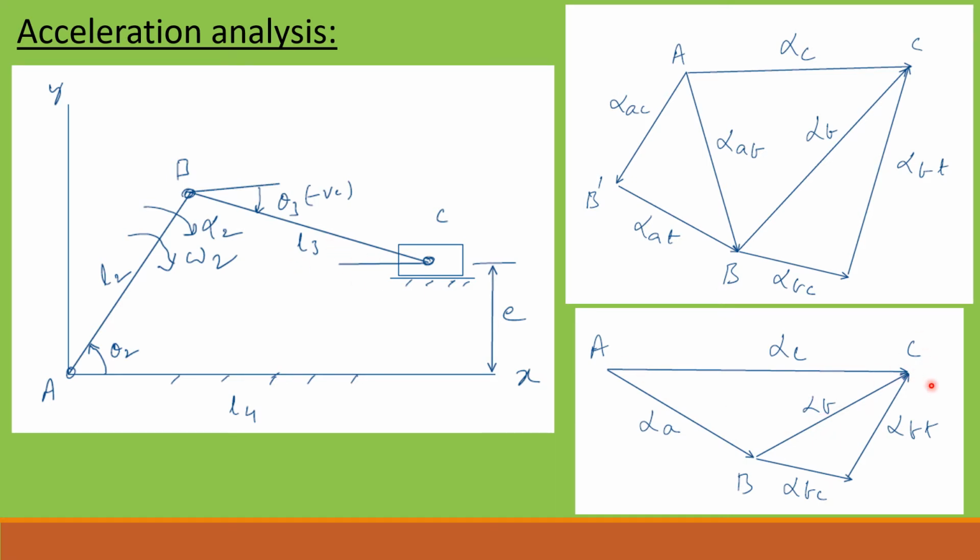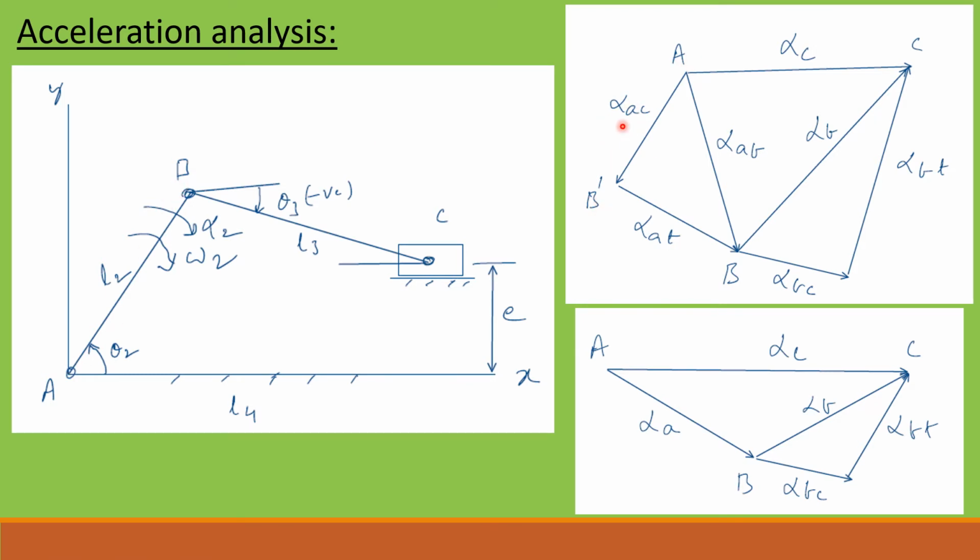So acceleration of slider C with respect to A can be found by drawing a line between points A and C. So this is the acceleration of slider with respect to A. So if there is a variable acceleration acting on this crank, how to draw the acceleration polygon? First we need to draw a line parallel to AB, that is B prime.